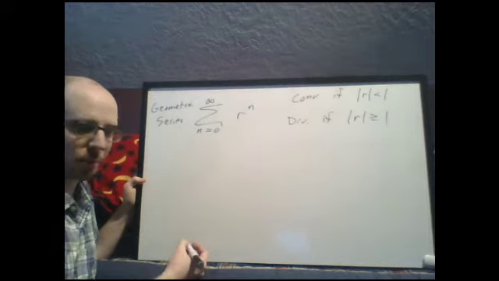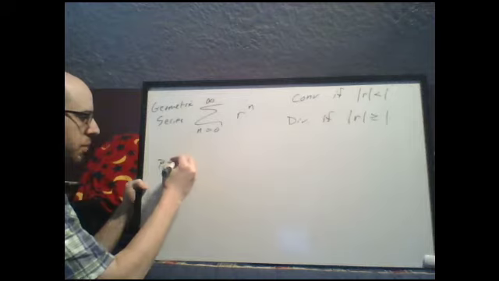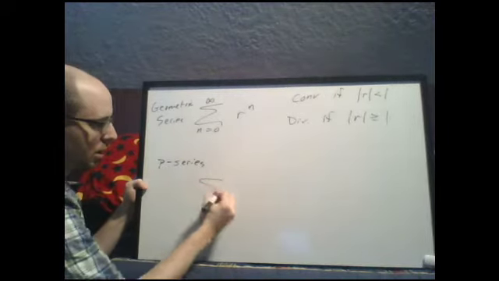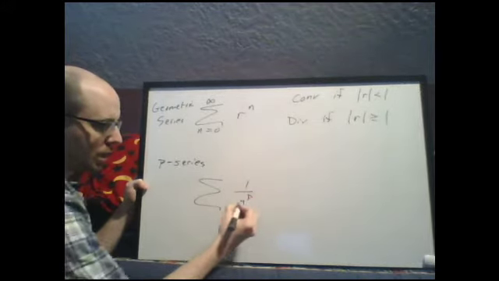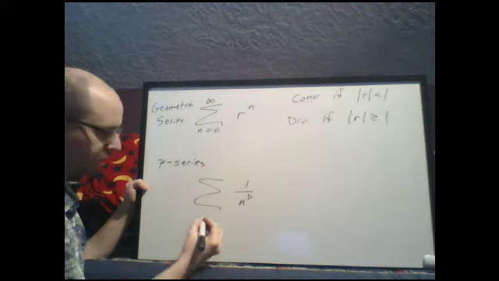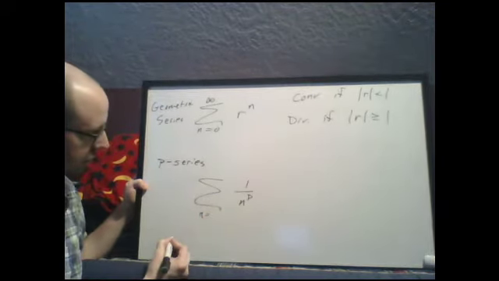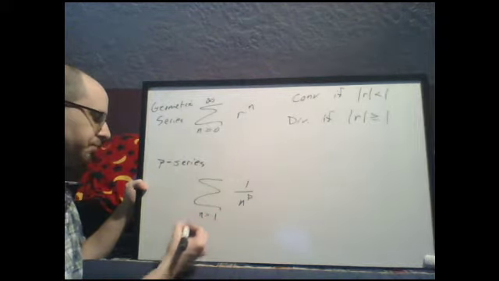But then from the previous section, the integral test, we were able to determine the behavior of p series. These are series of the form 1 over n to the p, where p is some number, and I guess now we need to start with n equals 1.